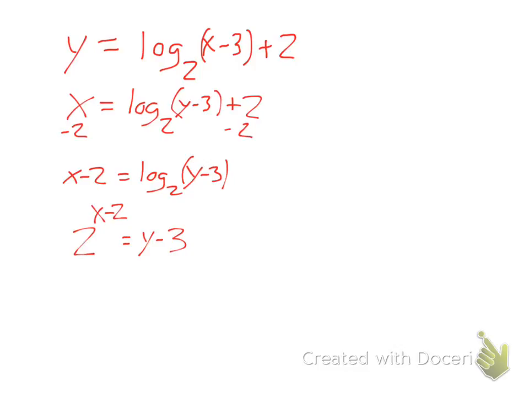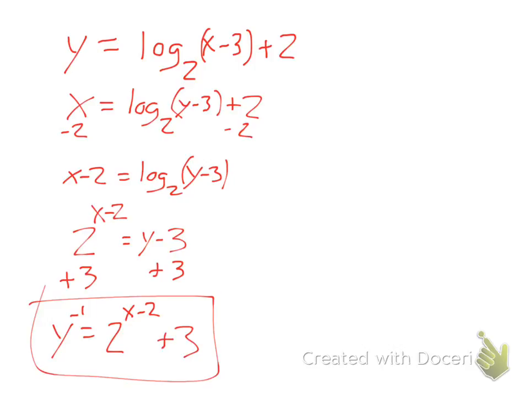You're almost done. You got to get y by itself, so you will add 3. So y inverse, maybe even put the little negative 1 on it, is 2 to the x minus 2 plus 3. And wada bing, wada boom. You're good to go.